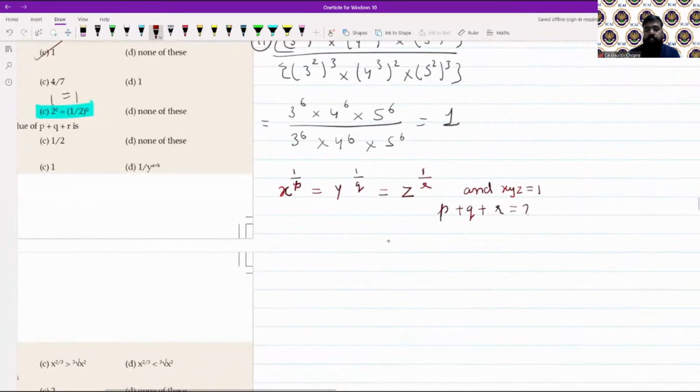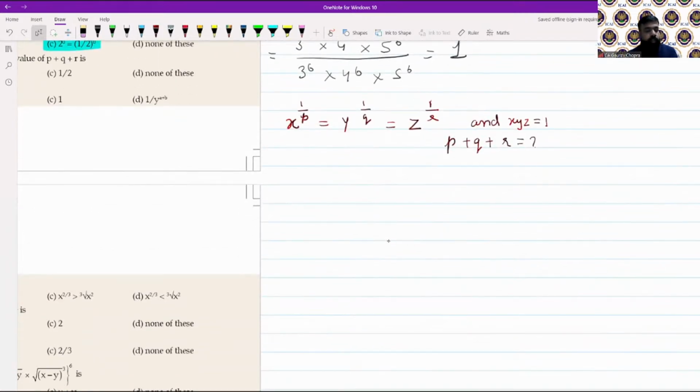We have to find this value, p plus q plus r. Now in such cases, whenever we are given this kind of situation, x is having some power, equal to y which is also having another power, and z is also having some power. So first of all, we can make them equal to a constant k. Now, one by one we can compare them.